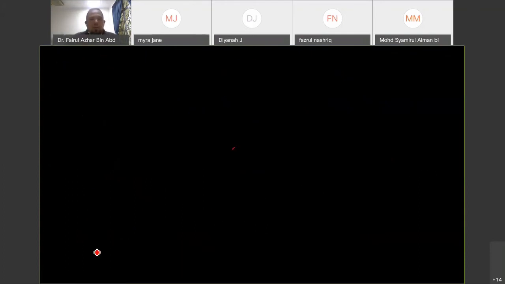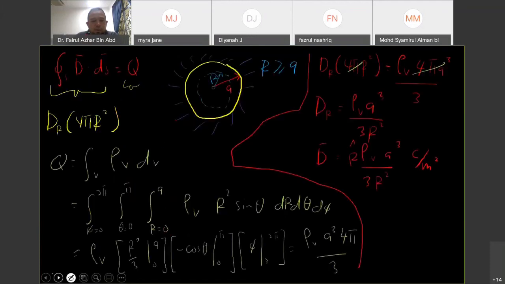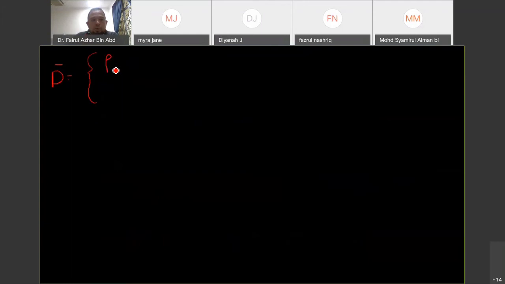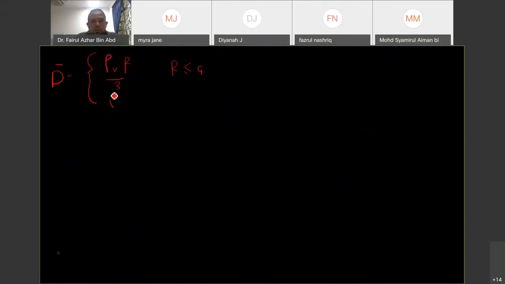Okay, so based on the answer that we have, basically we can rewrite our expression for the vector of D. So we will have the vector of D is equal to rho v r divided by 3, for the region r less than or the same as a, and for the outside of the charge, we will have rho v a to the power of 3, divided by 3 r squared.